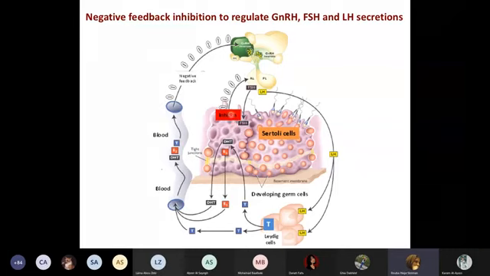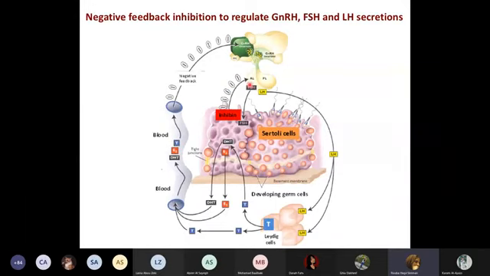So you can see that inhibin is inhibiting the secretion of FSH by acting in a negative feedback inhibition. It can go into the blood, of course, to travel through the blood to reach the anterior pituitary where it can inhibit the secretion of the FSH.